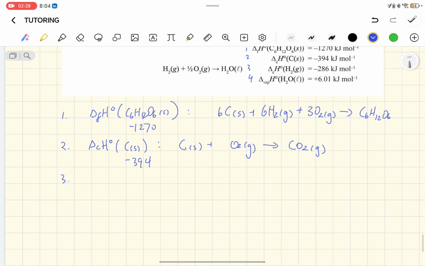Look at our number 3, which is the combustion enthalpy for gaseous H2, which gives us 2H2 plus O2 gas goes to H2O liquid, with an enthalpy change of -286.